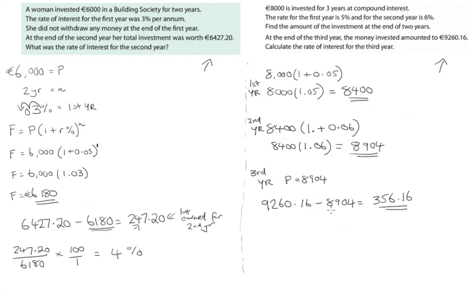Now, the principal at the start of the third year was this, so we put the interest earned, 356.16, we put that over the principal for the start of the year, and then we multiply it by 100 over 1.